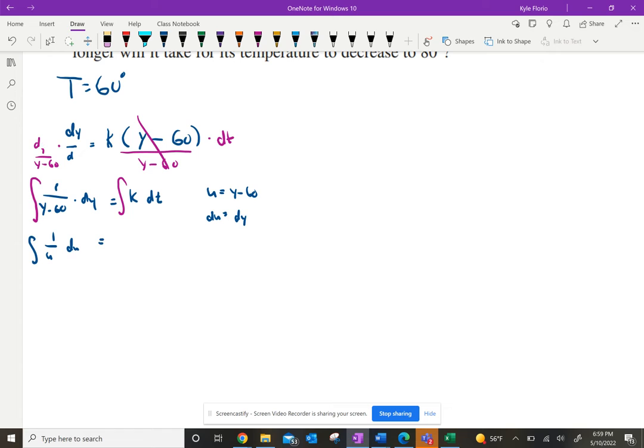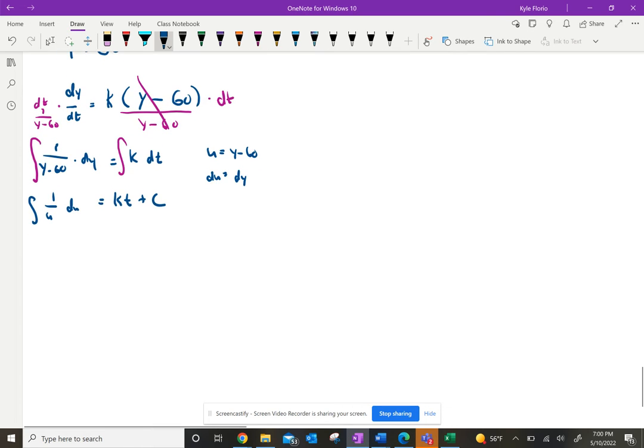It doesn't matter, but I want to use t for time. So the antiderivative of k with respect to time is going to be some constant times t plus some constant. Okay? And now the antiderivative of 1 over u is the natural log of the absolute value of u. And that's equal to k times t plus c.